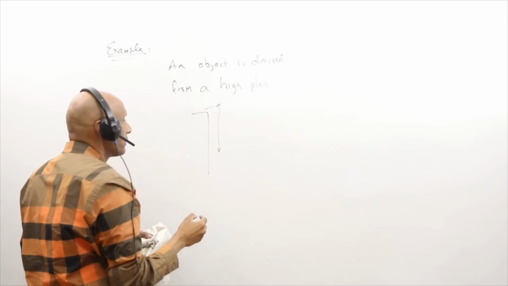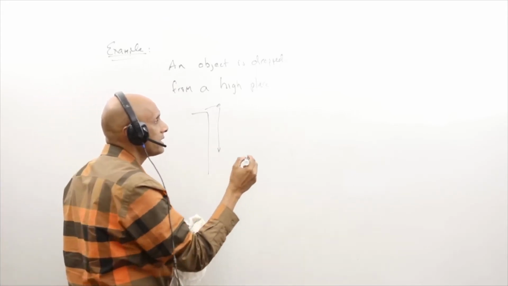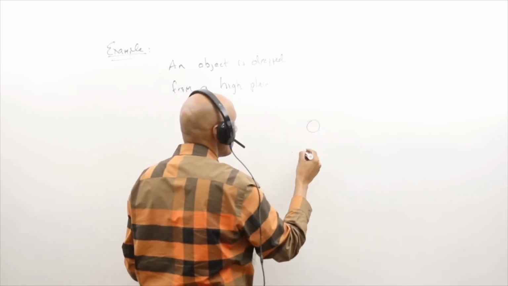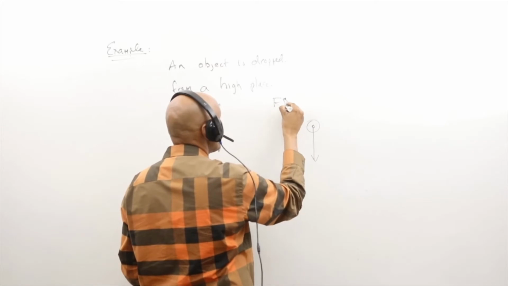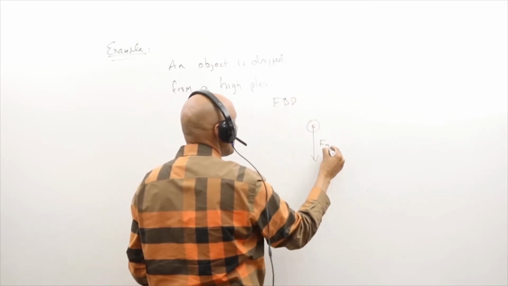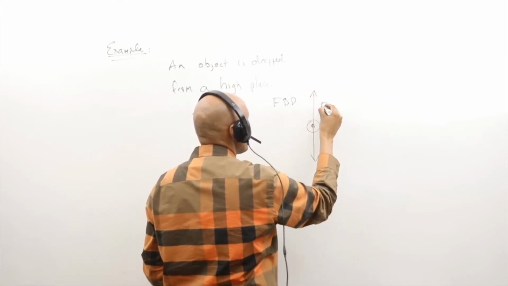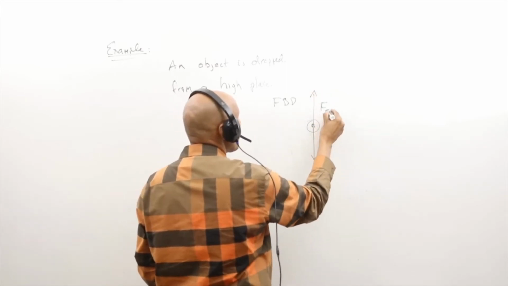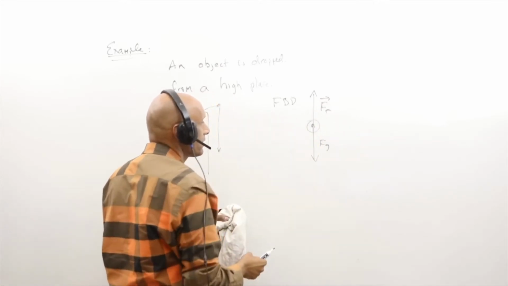Now, usually we expect that if we did a free body diagram on the object, we'd say there's force of gravity pulling down. So here's our free body diagram. This is force of gravity pulling down. And then there's a force of the air, force of the resistance R that's acting up, because as the object is coming down, force of resistance is pulling up.